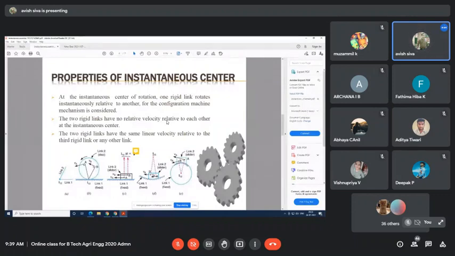That means the slider moves on a fixed link having a curved surface. Where does the instantaneous center lie in case D?